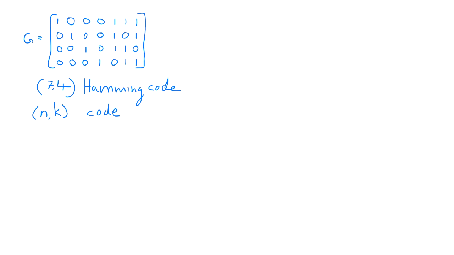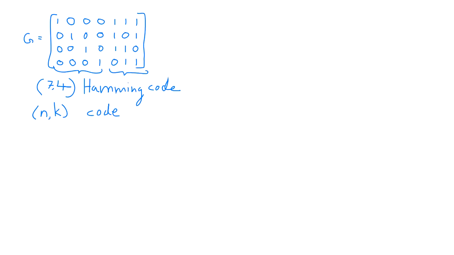If you remember, we have been discussing the 7-4 Hamming code, and what you see here is the generator matrix for the 7-4 Hamming code. The generator matrix has two parts, right?